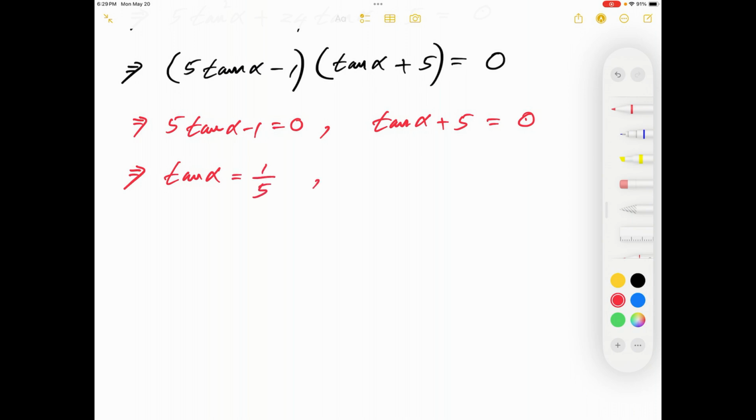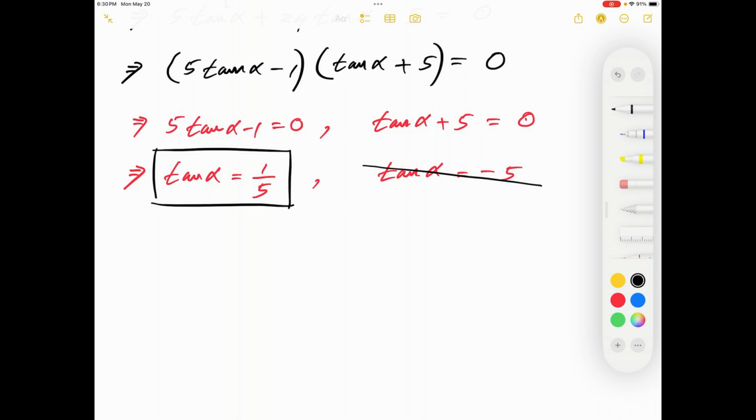From the second equation we get tangent alpha is equal to negative 5. Earlier we said tangent alpha cannot be negative because we said alpha is an angle between 0 and 45 degrees. Therefore, we rule out the possibility of tangent alpha being equal to negative 5. We conclude that tangent alpha should be equal to 1/5.